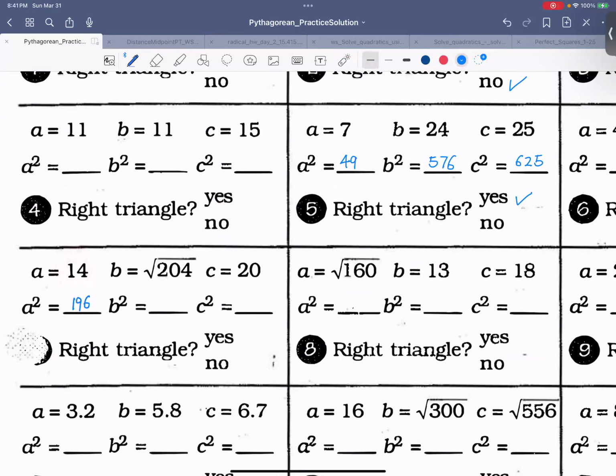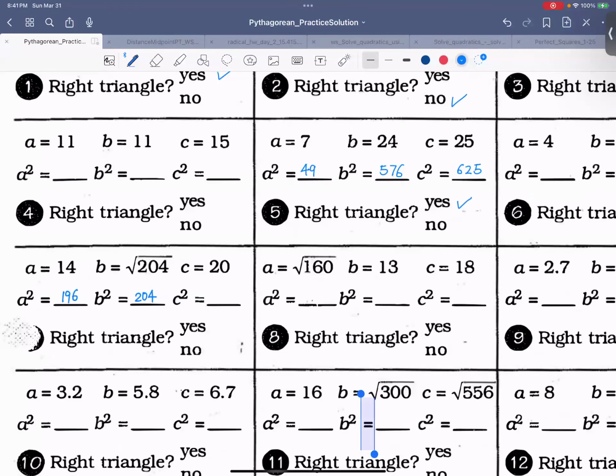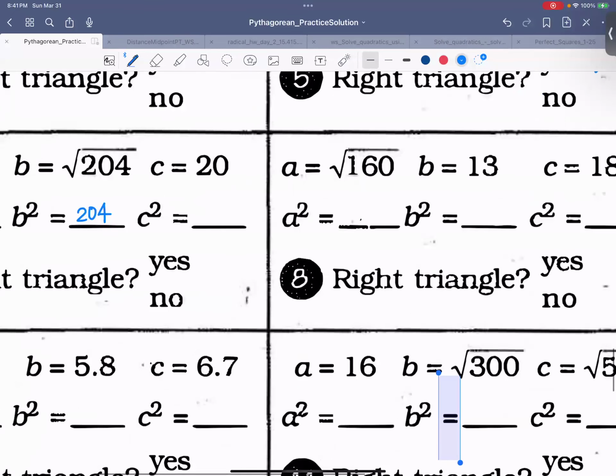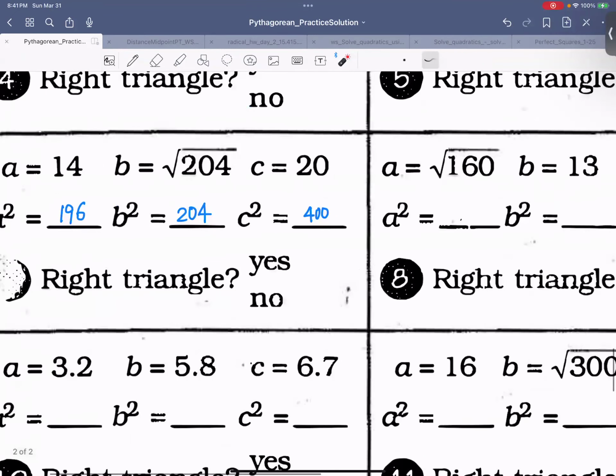B squared, 204. C squared, 400. So, is this a right triangle? Yes. Okay. So that guy plus that guy gives you this. So you have yes. Okay?